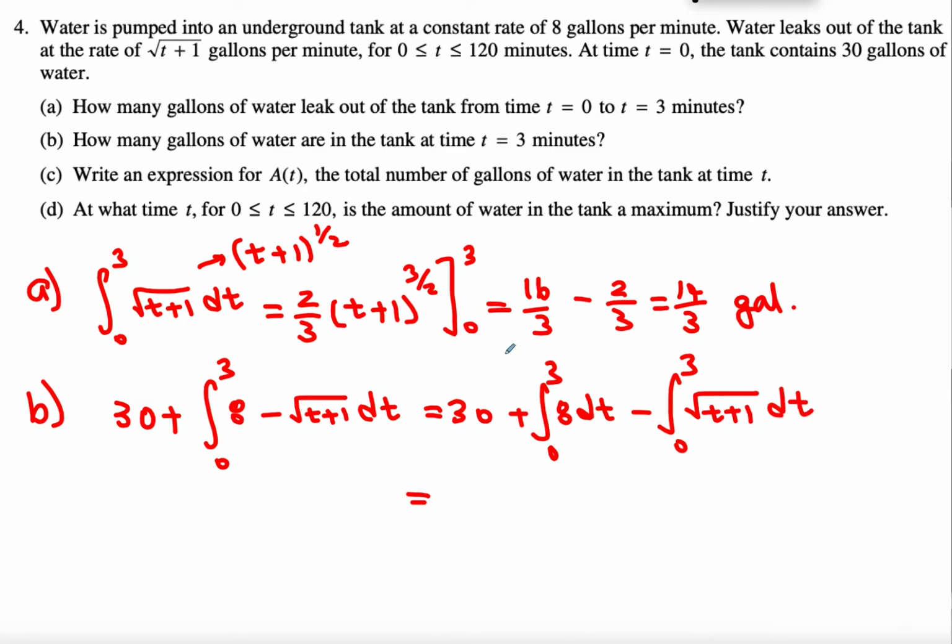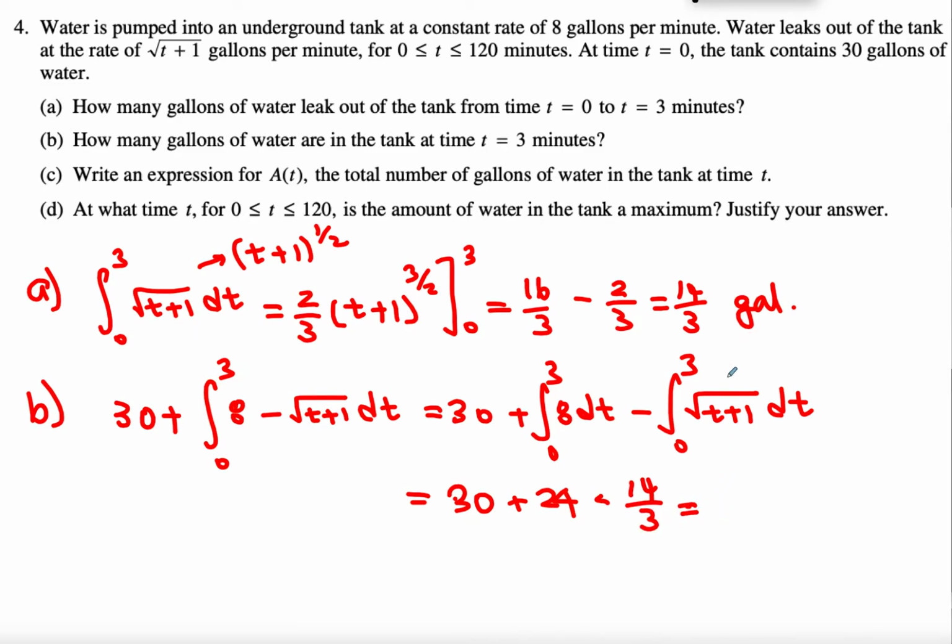Now you can see that in the beginning I have 30 here. What is this one equal to? This 8t, plugging in 3 and then 0, so you get 24. Now the last one, we calculated that already, minus 14 over 3.